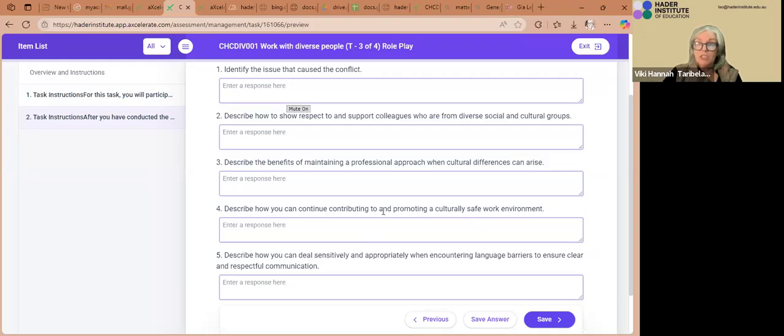And how are you going to have that discussion with your supervisor where you're continuing to contribute and promote a culturally safe work environment? So your words need to be culturally safe, the environment needs to be culturally safe, and how we conduct ourselves as well.